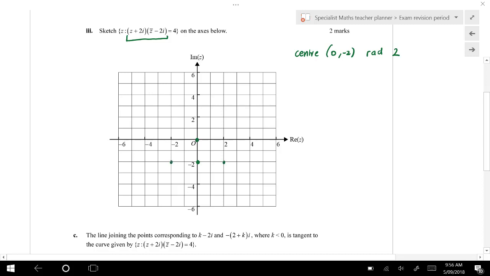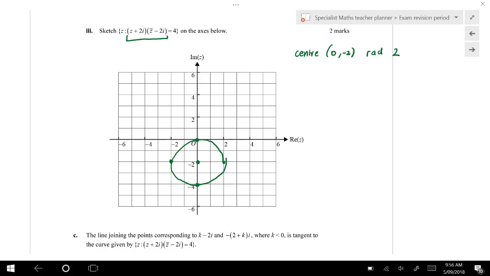Let's map it out like so. And here's our circle. And that's it. There's 2 marks. Do you need to do anything else? No, no. Just a waste of time. Not needed. So there you go. There's a circle. No need to label it.